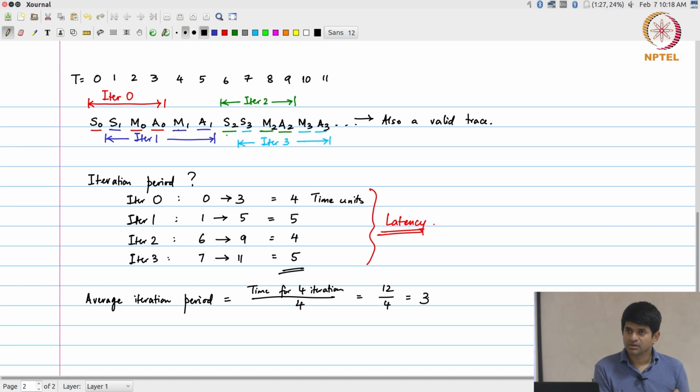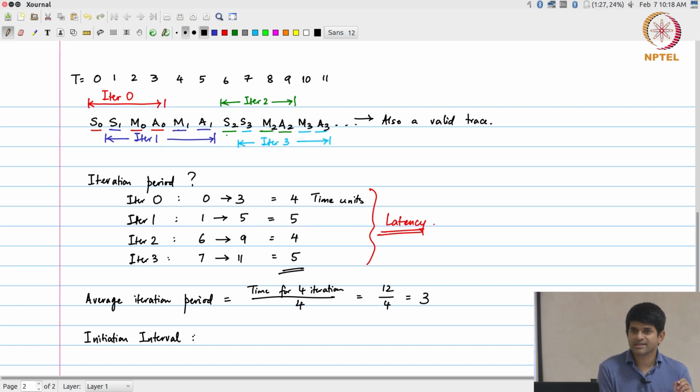So average iteration period works out to be 3 time units, even though the latency can be higher than that. Okay. The next question essentially comes out to be the initiation interval, or the iteration interval.